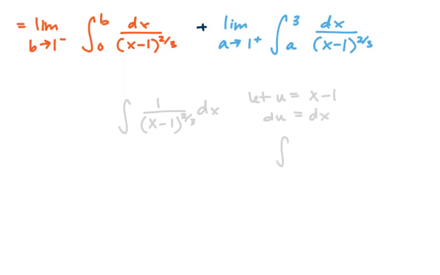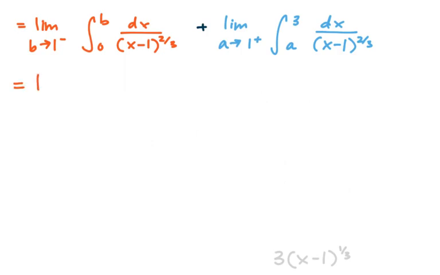So this is the integral of 1 over u to the 2/3, which is the integral of u to the negative 2/3. Applying my power rule for integration, if I add 1 to negative 2/3, I get positive 1/3. Dividing by positive 1/3, I have 3u to the 1/3. Plugging my u back in, that's going to be 3(x minus 1) to the 1/3.